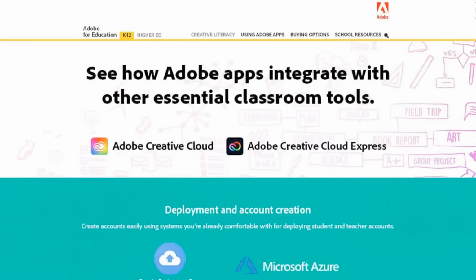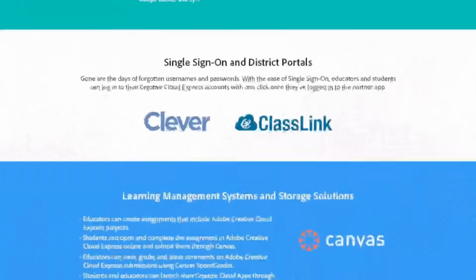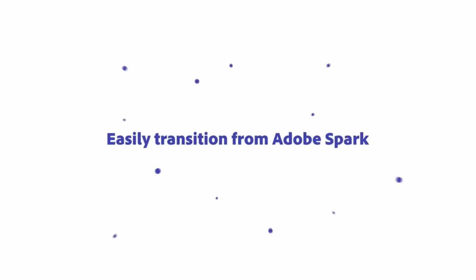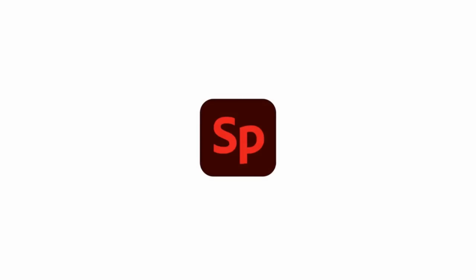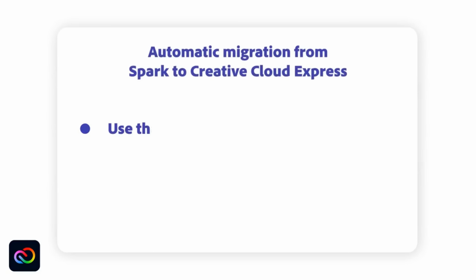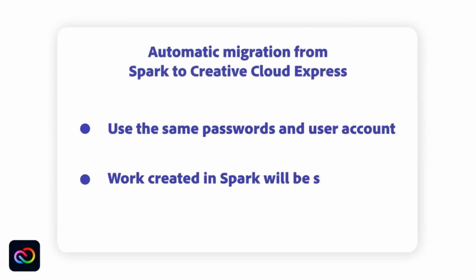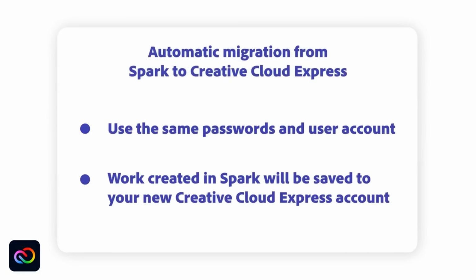The new offering works with the technology you use in the classroom every day. If your district or classroom uses Adobe Spark today, you'll be automatically upgraded to Creative Cloud Express for Education. You'll use the same passwords, and any work you've completed in Spark will be saved to your new Creative Cloud Express account.